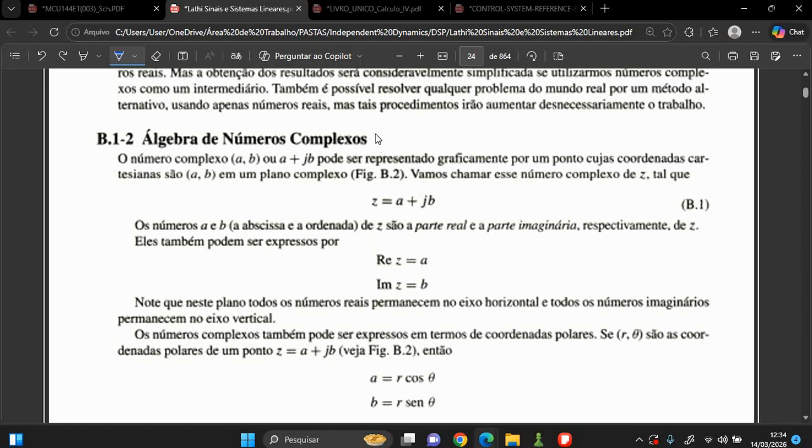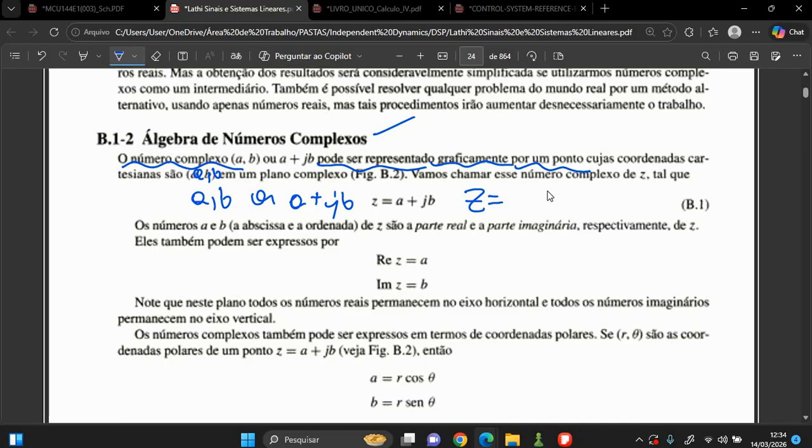So he says a complex number (a, b) or a plus jb can be represented graphically by a point whose Cartesian coordinates a and b in a complex plane will be given by z.